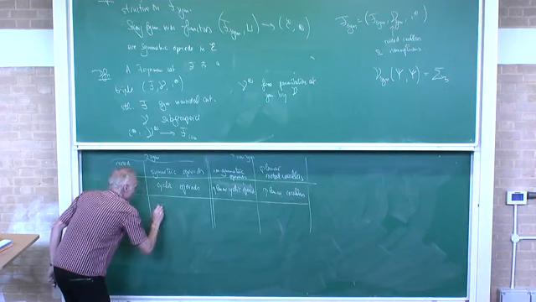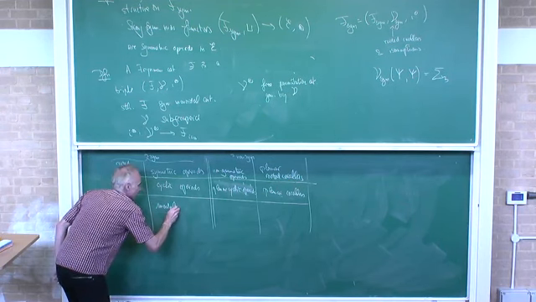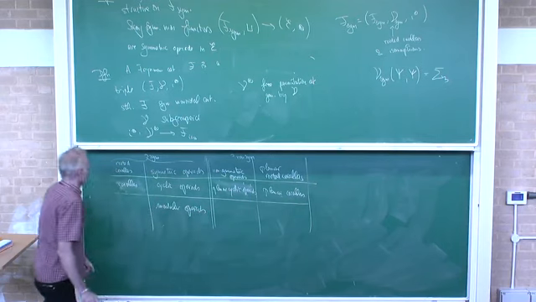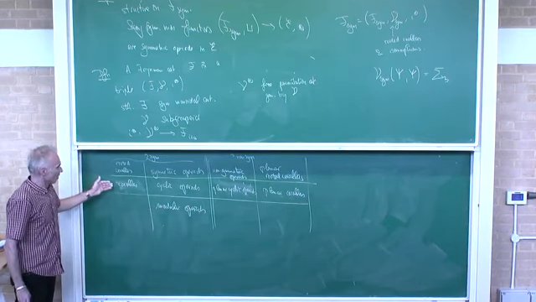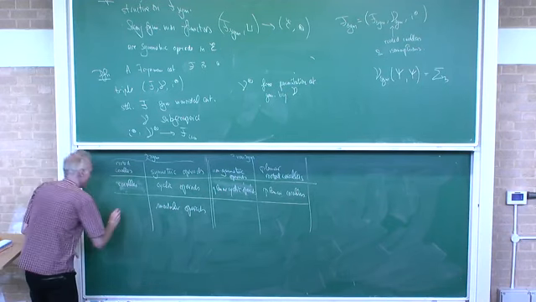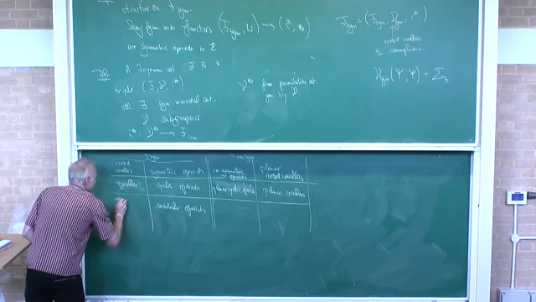And now modular operads. Here instead you have also corollas, but they have a label. So genus labeled corollas.